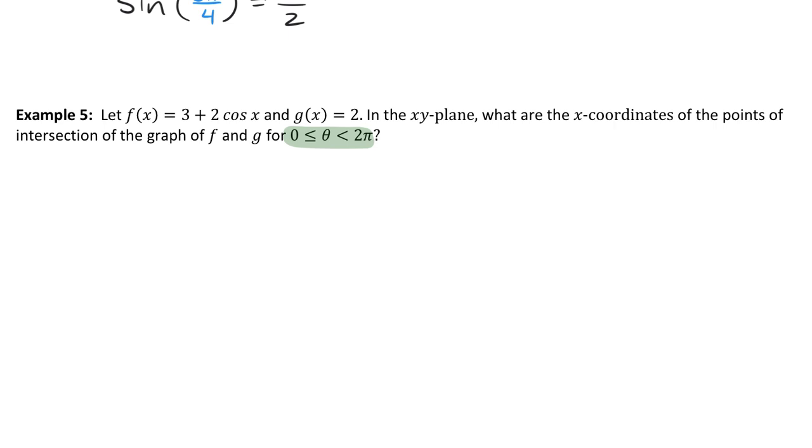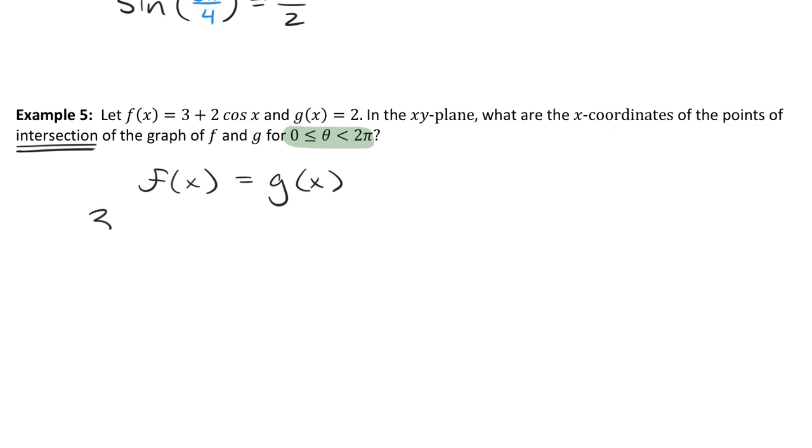And because this question asks me for the intersection of these two graphs, what is an intersection mathematically? Where they cross or where they're equal. So what we can do is solve where f of x is equal to g of x. That would be an intersection point.